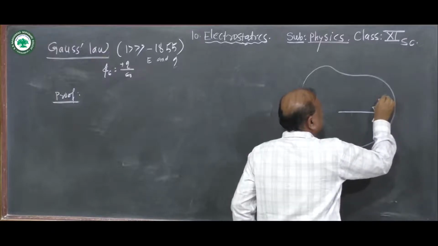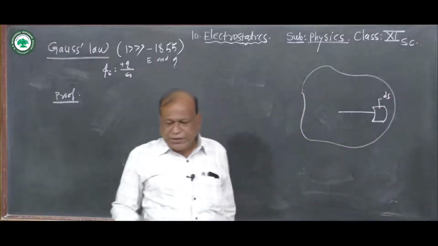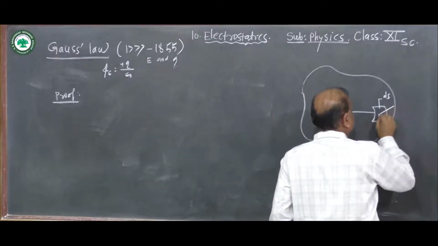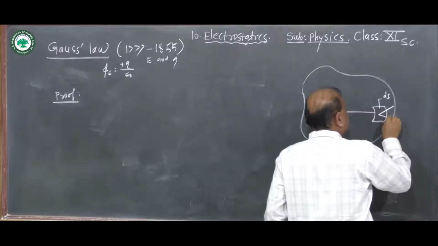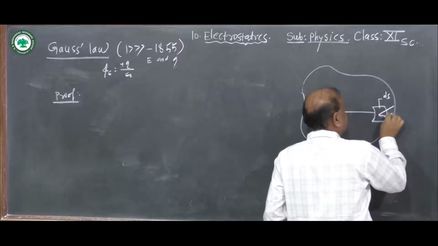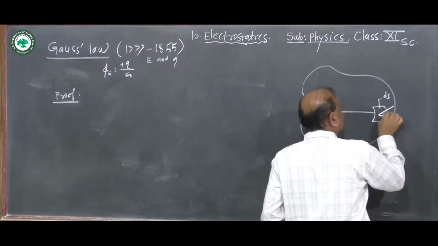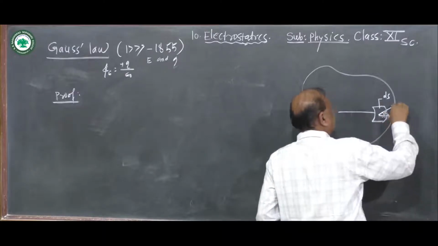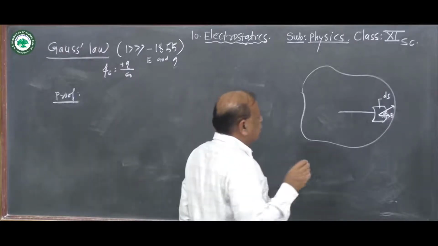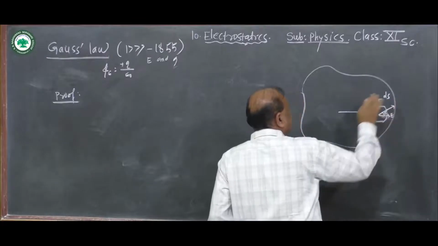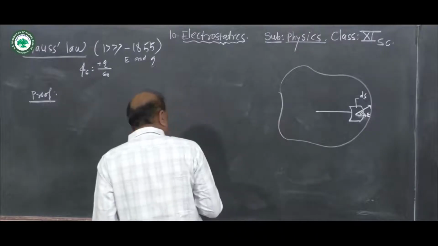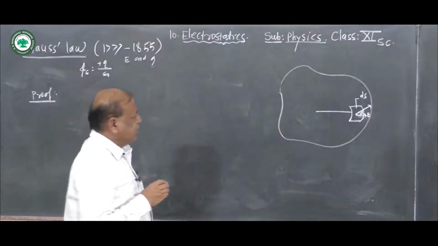This is the small surface area ds, and here is the electric field E, and this angle is theta, the angle between E and ds.